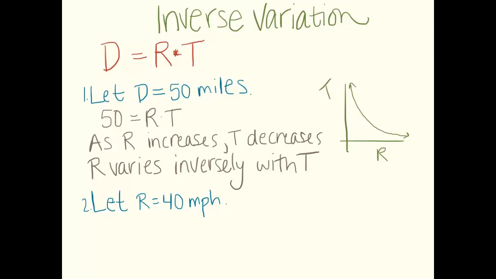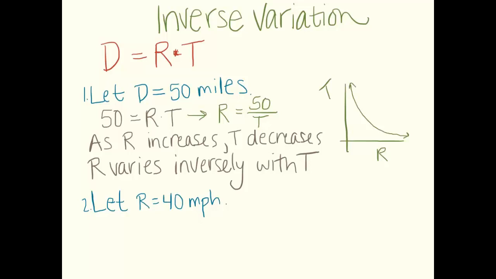Think about another way I could write that equation. I could also solve for R. I know that R is equal to 50 over T. Now I can really see, as T is getting really big, 50 divided by a very large number is going to be a very small number. So the equation should also make sense.